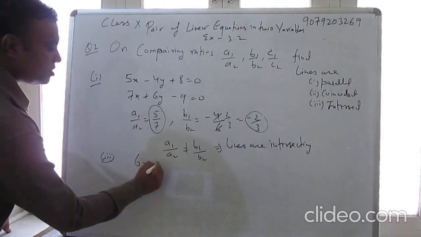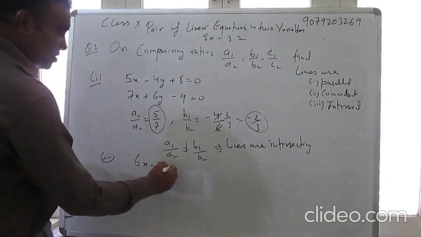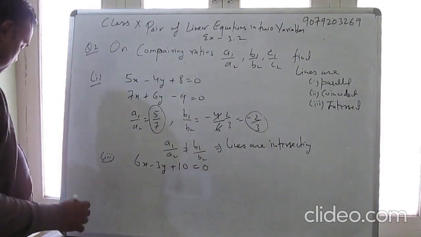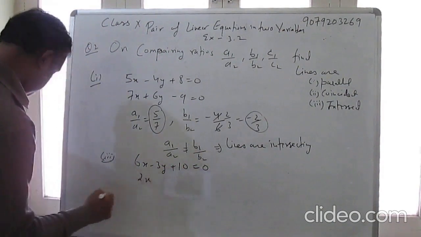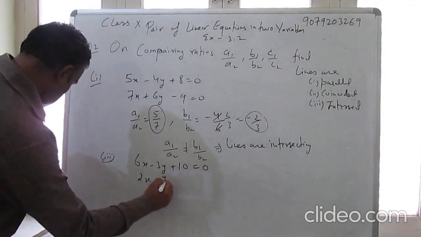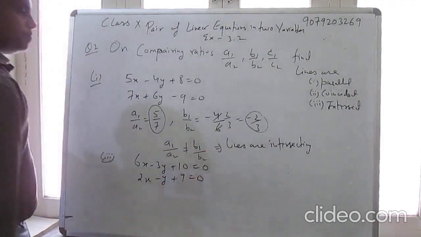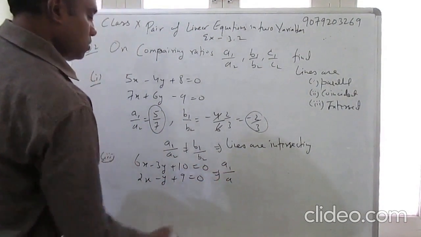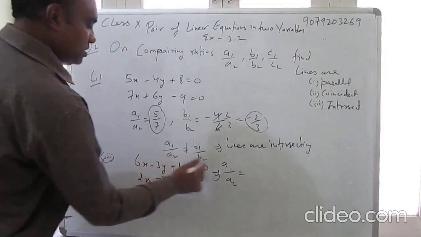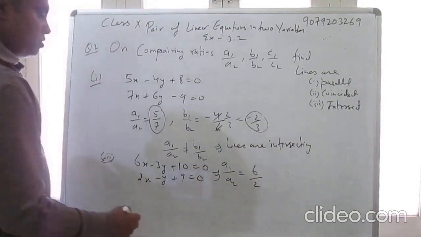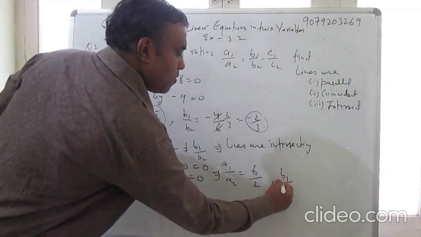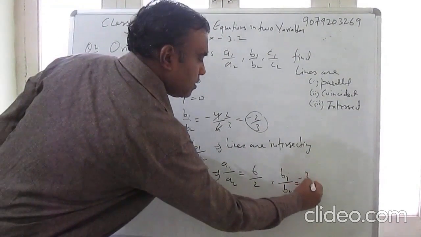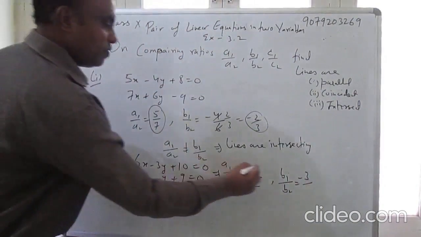6x minus 3y plus 10 is equal to 0, and 2x minus y plus 9 is equal to 0. You see here A1 upon A2 is 6 upon 2, and B1 upon B2 is minus 3 upon minus 1.